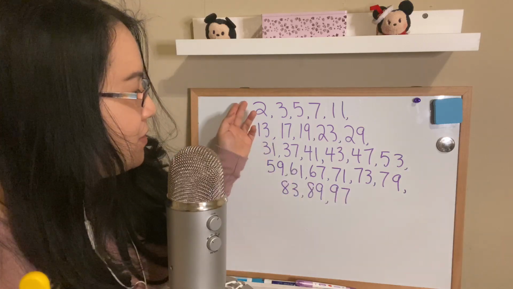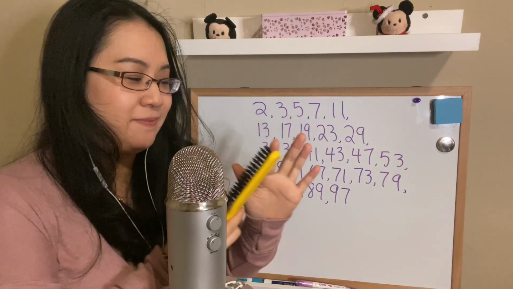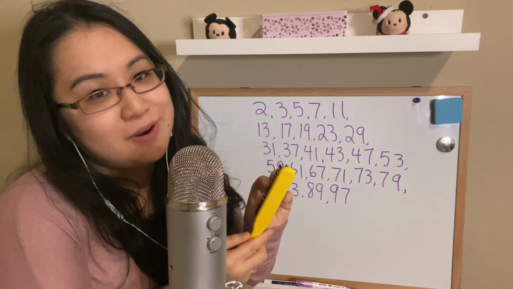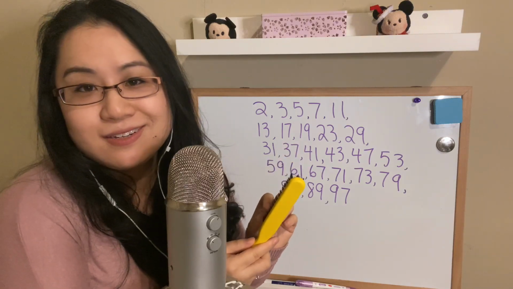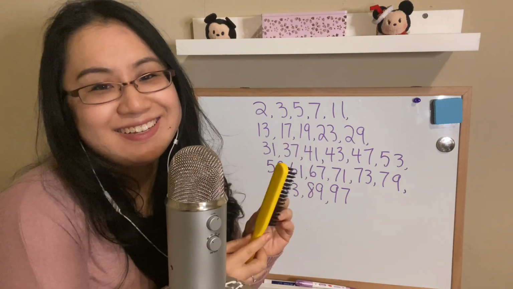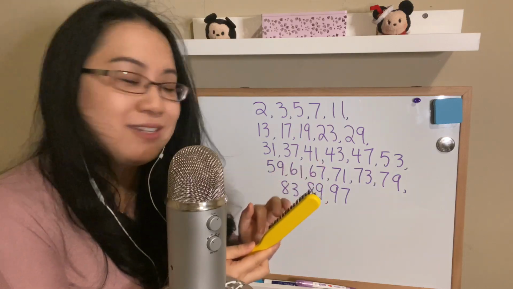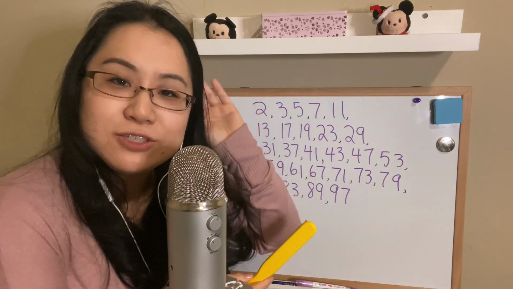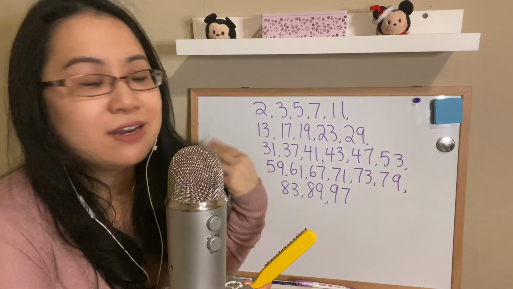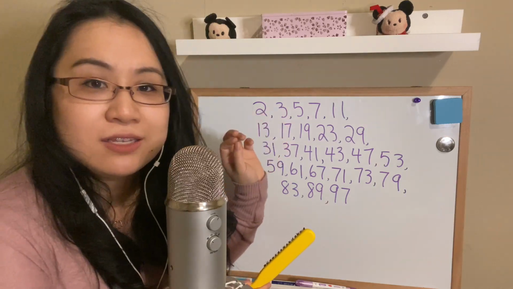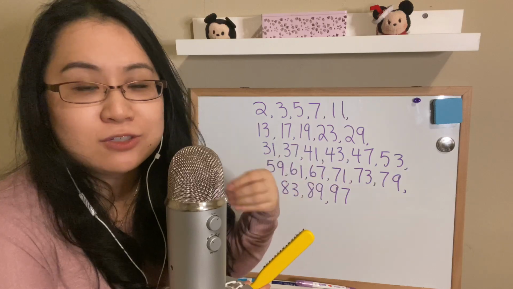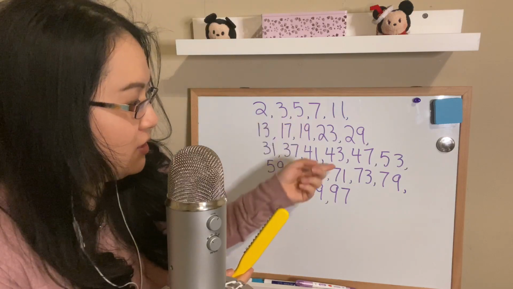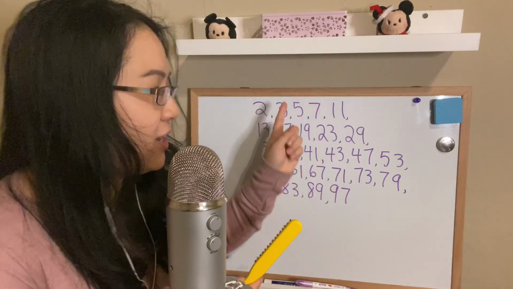So we'll start with 1. 1 is neither prime nor composite, and we'll leave it at that. 2 is prime, 3 is prime, and I guess I should mention that all that means is that you can't break these up into any more factors, any pairs of numbers that multiply together to give you these, other than 1 and itself.